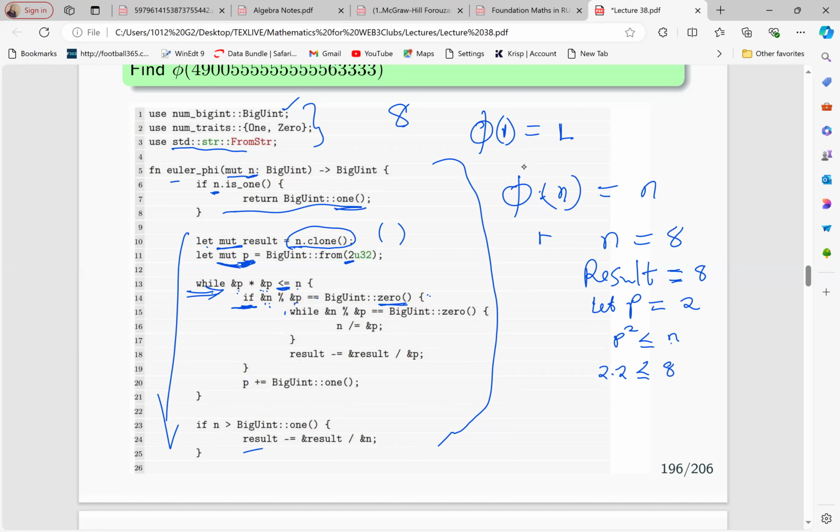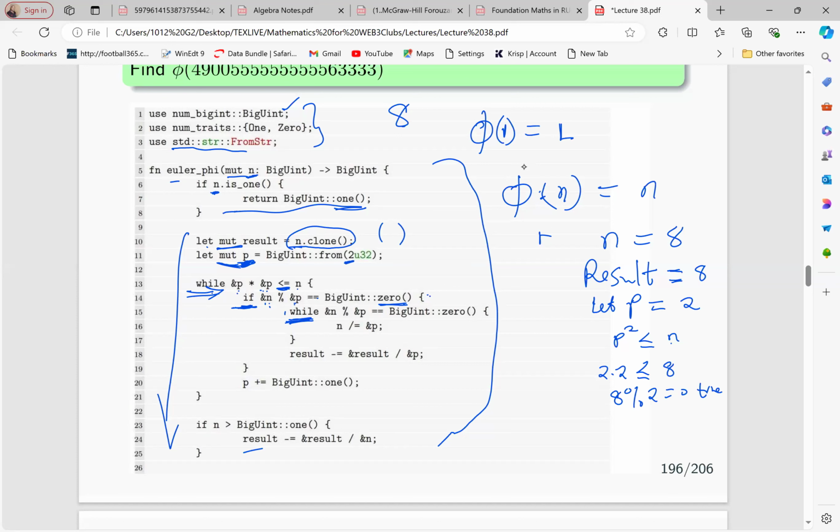8 divided by 2 gives us 0. So this condition has been fulfilled, and that means we go inside the loop and we meet another loop. What does it say?